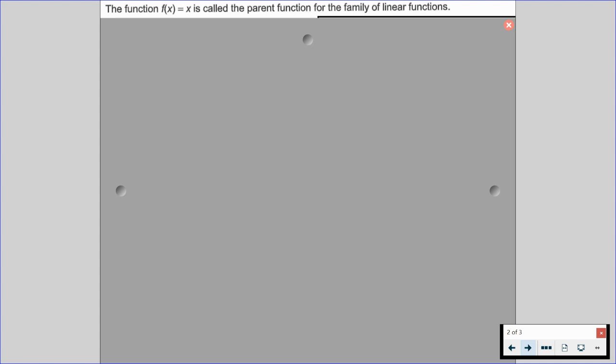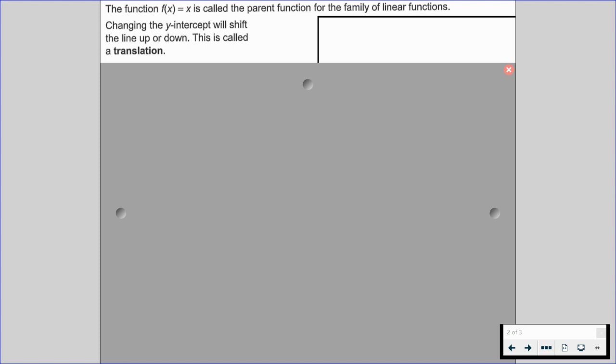Again, what we always start with is going to be a quote unquote diagonal line going through all of the same x and y values. So 1 comma 1, 2 comma 2, 3 comma 3, 4 comma 4, negative 2 comma negative 2. That's going to be our quote unquote parent function or the mother function for a family, which is just multiple linear functions.